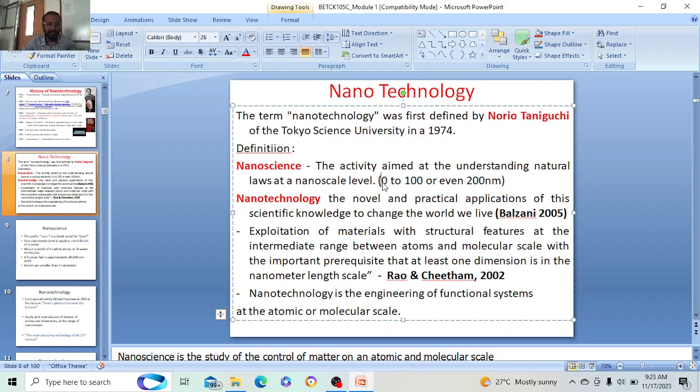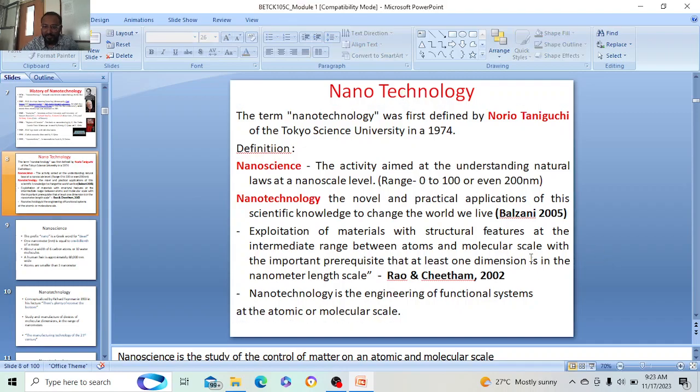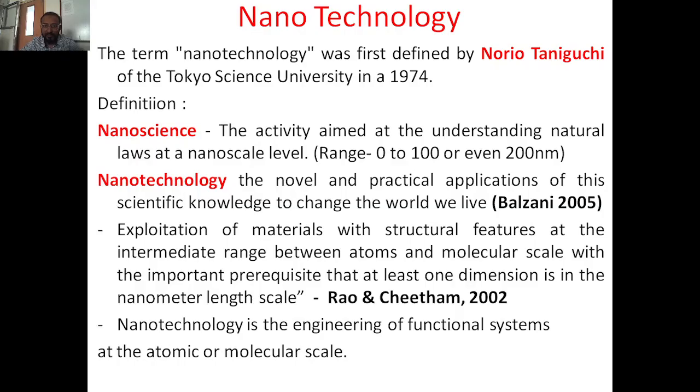Range is very important here. Most materials get excellent properties in 0 to 100 nanometers. Some materials even exhibit strange properties above 100, like around 50 or 180 or 190 nanometers. That's why I mentioned 200 nanometers.